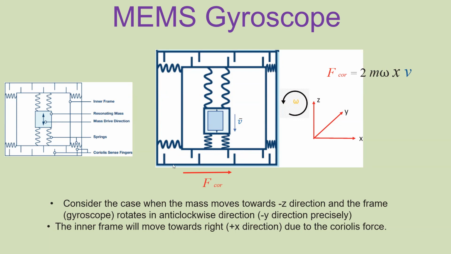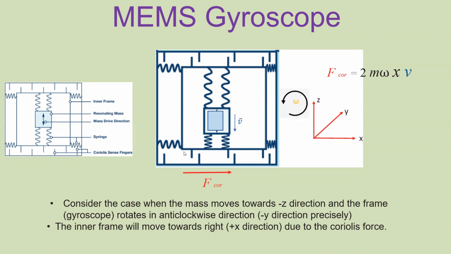So in terms of linear motion, the outer frame is stationary, while the inner frame is moving this way. So the capacitance plates attached to the moving frame move along with it, such that the capacitance between these two plates will decrease and the capacitance between these two will increase, giving a differential capacitance due to the motion.